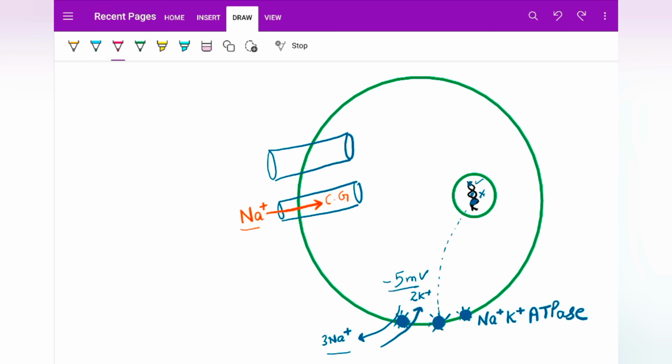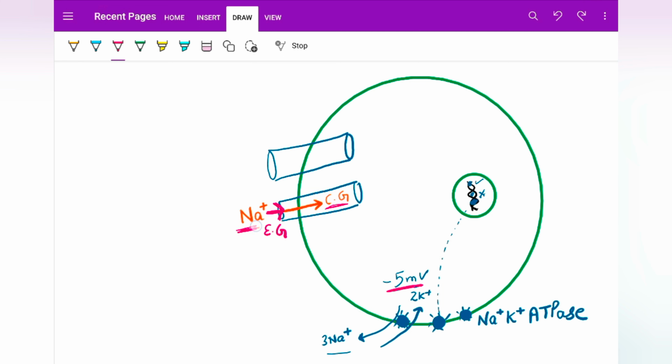The concentration gradient for sodium is inwards, but what about the electrical gradient? In the beginning, it is minus 5 millivolt. So due to this minus 5 millivolt, a little bit of electrical gradient is also acting inwards. So initially, concentration gradient and electrical gradient both are acting inwards. Both electromotive forces are helping this sodium to go inside. And guess what? Sodium happily moves inside.